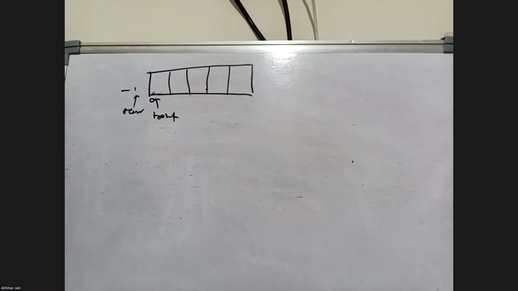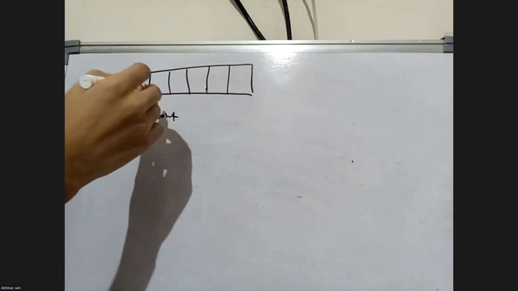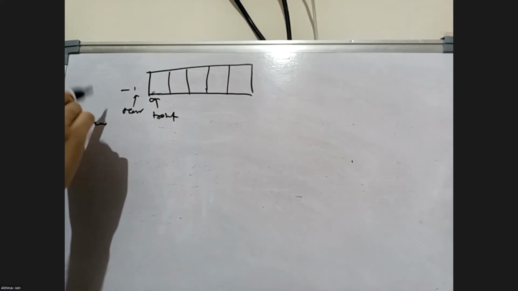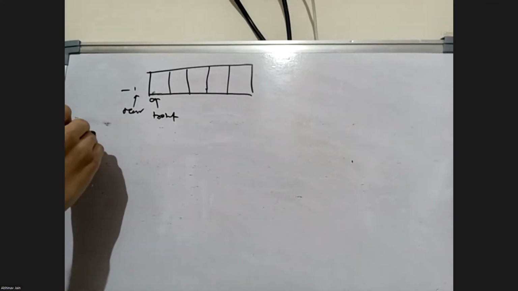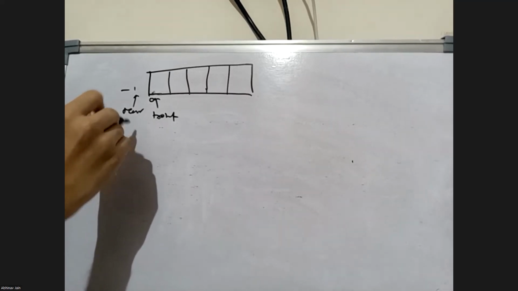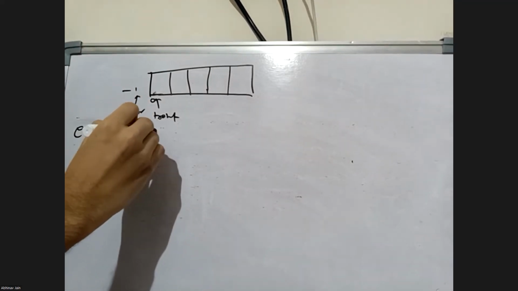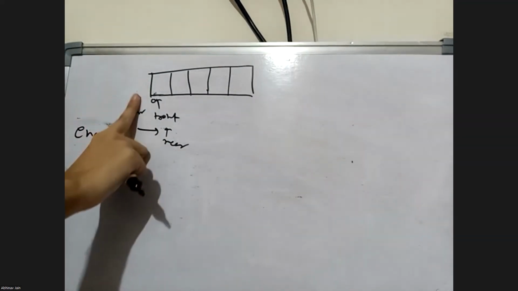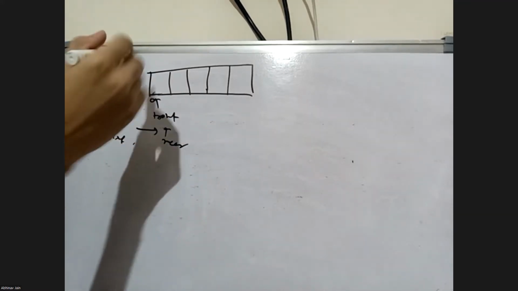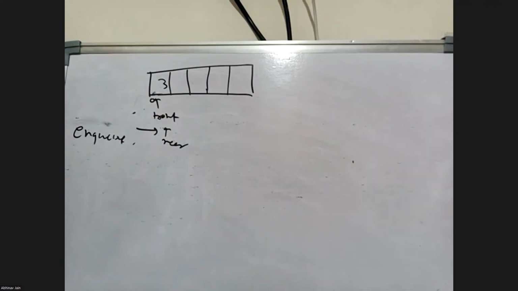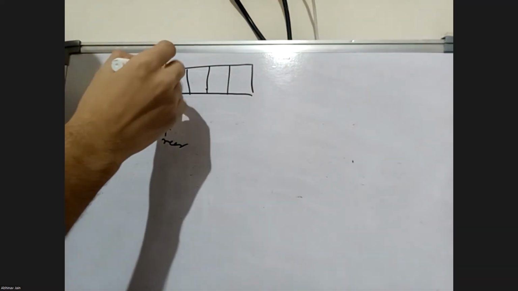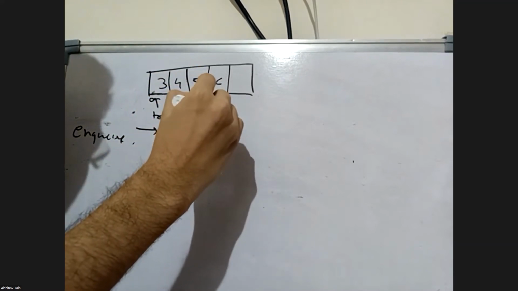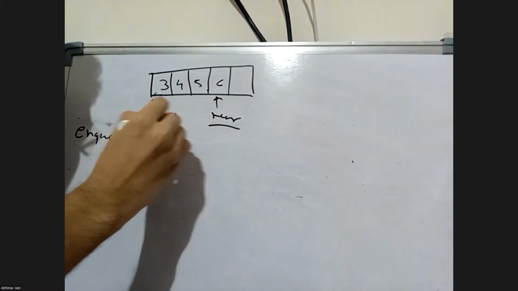How we implement any queue is whenever we enqueue an element, we add one element to the rear. So rear will point to 0, and whatever that element is, say it's a 3. That's how we enqueue an element. So let us fill this queue forward. In this situation, this will be the rear and this will be the front.